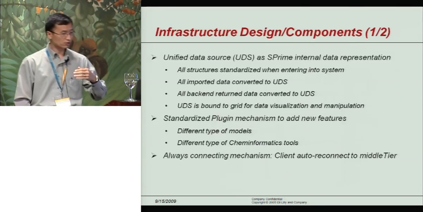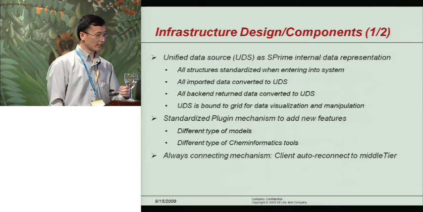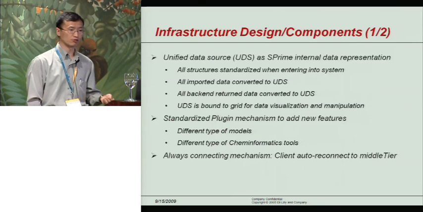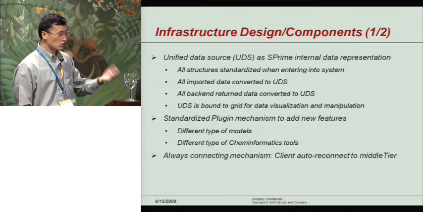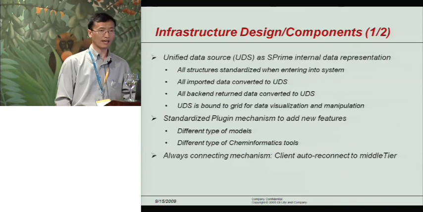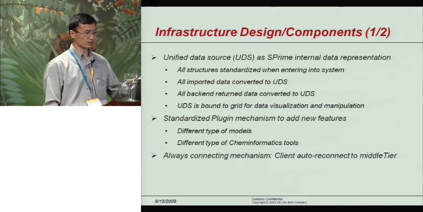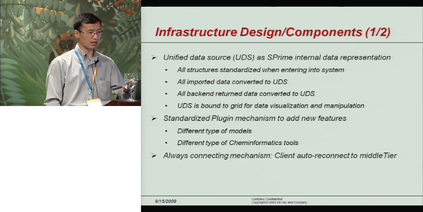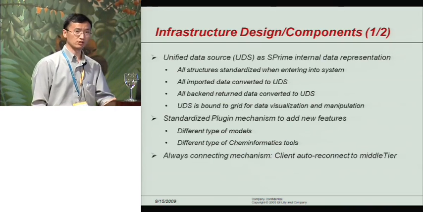So to do that, to increase the data exchange, we defined the unified data source as our SPrime internal data representation. Basically, with some rules, all structures get standardized when they enter the system, and all the imported data or structures are converted to this, which we call UDS, and all the backend returned data is also converted to the UDS.